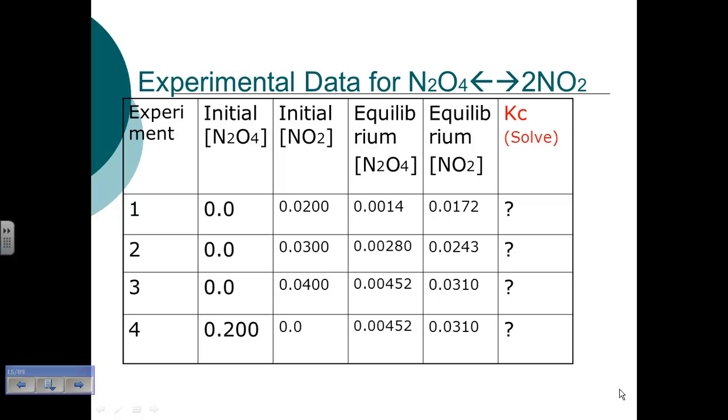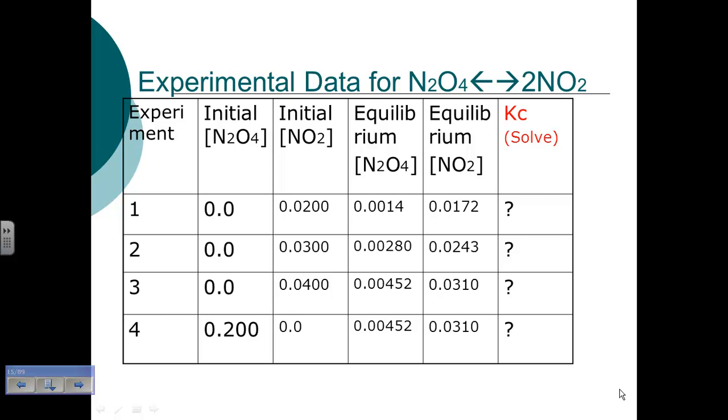In the first trial, we started with 0 N2O4 and some molar amount of product. Notice there's an equilibrium. Equilibrium constants must be calculated from equilibrium concentrations, not from initial values.